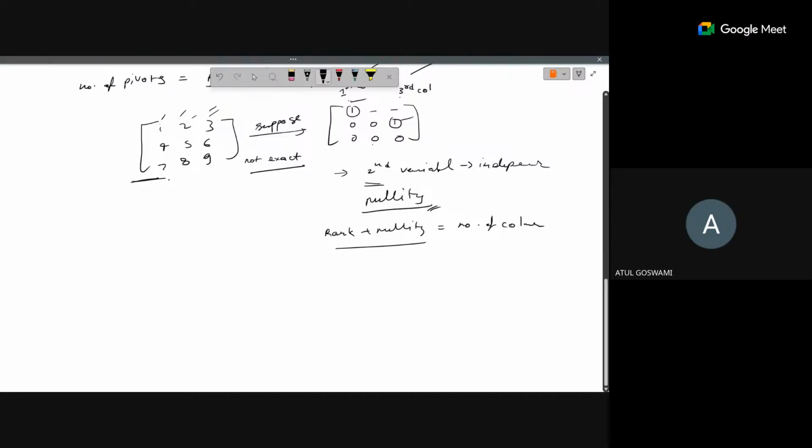Okay, the square matrix. If it is a rectangular matrix, suppose rows are fewer and columns are more, that means variables are more, right? Yes, sir, there are more variables. So it is certain that some variables are independent, okay.